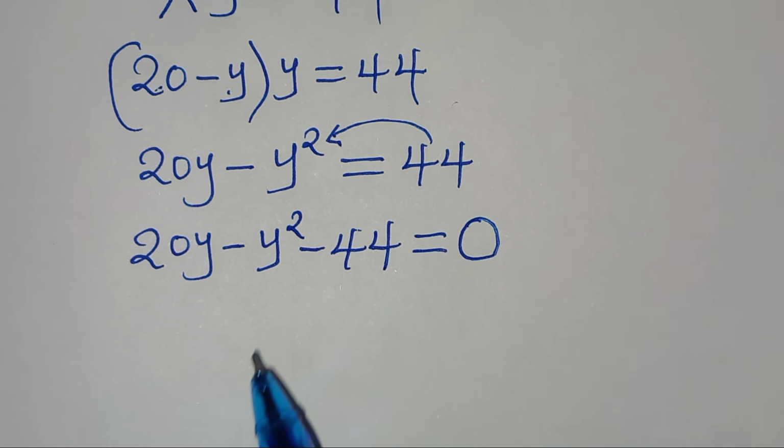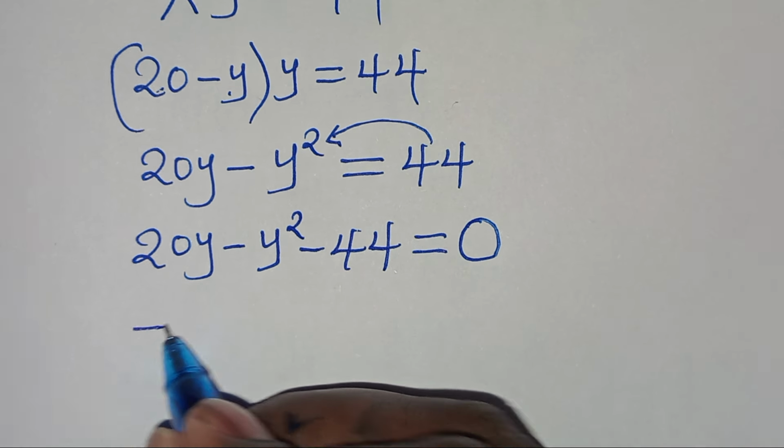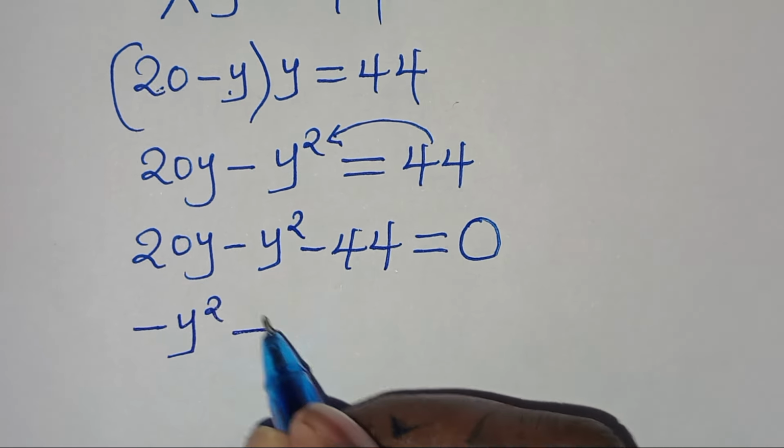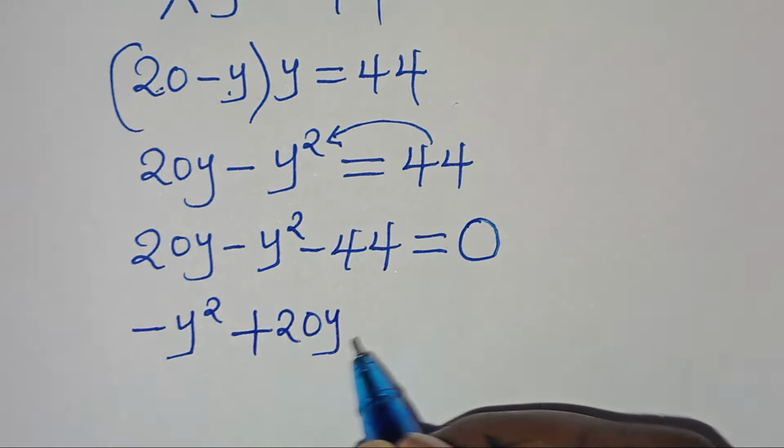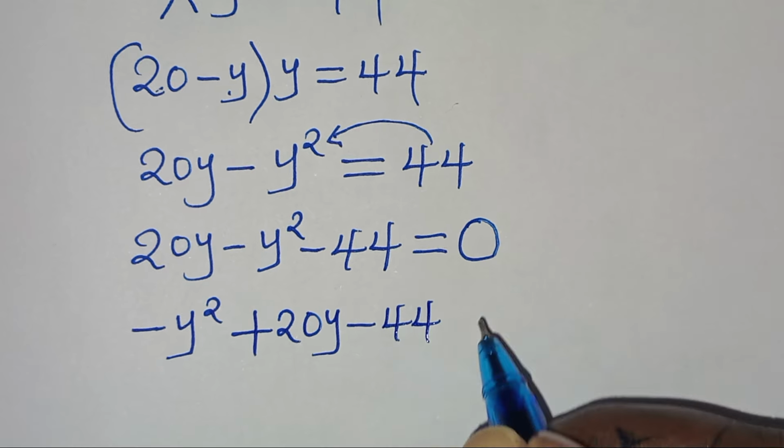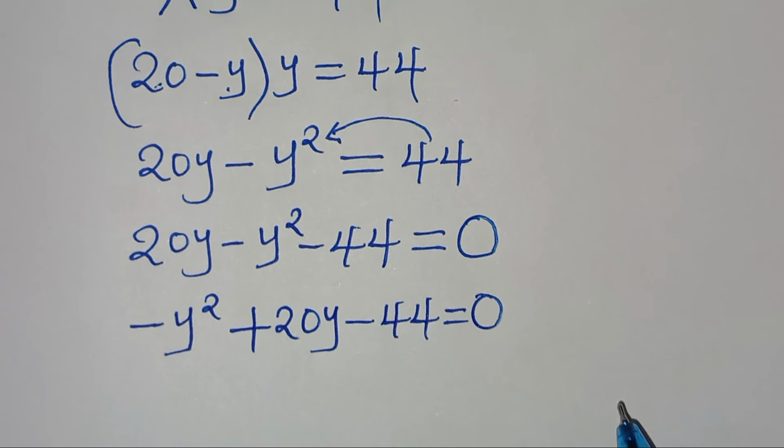So let's rearrange this equation so that we have minus y squared plus 20y minus 44 equal to 0.